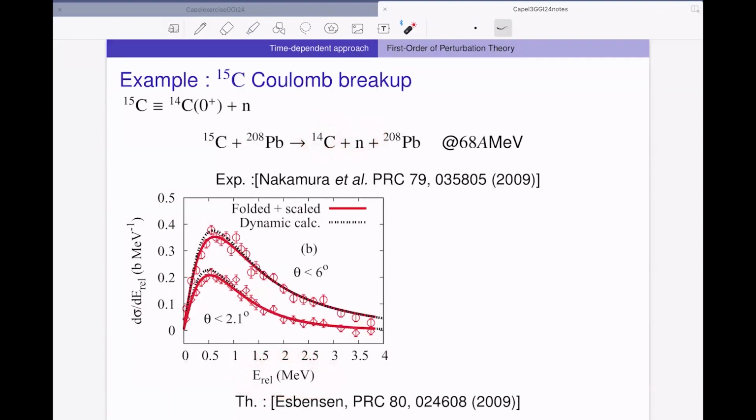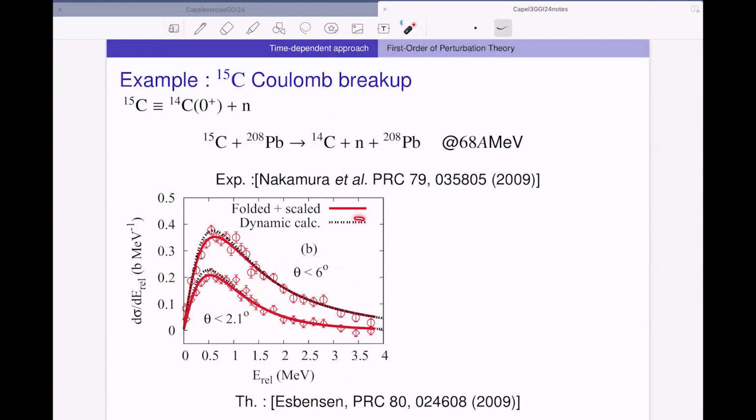So carbon-15 comes, it breaks up into two, and you have the core and the neutron, and you obtain these data. There are two selections in angle, so just the forward angles or all the angles in this case, and that's the reason for the difference.